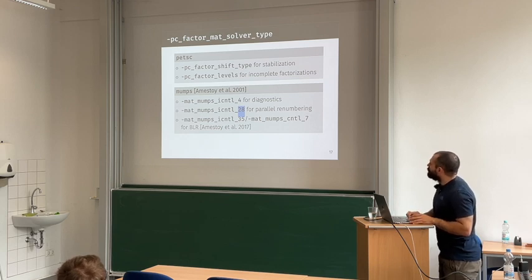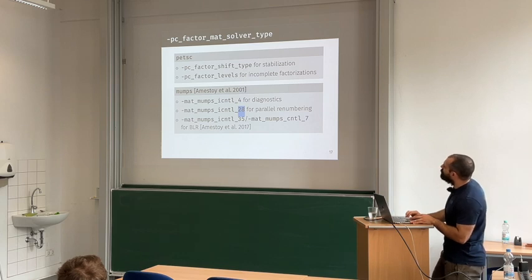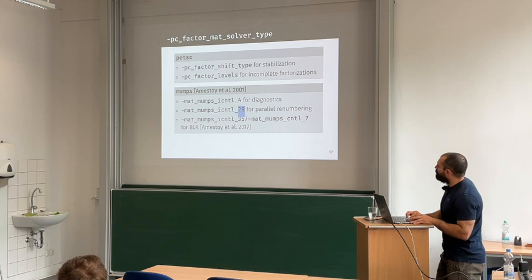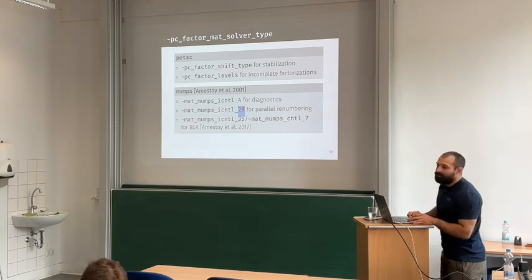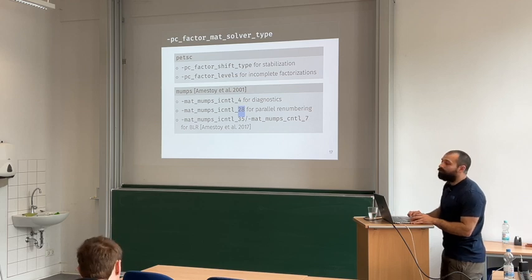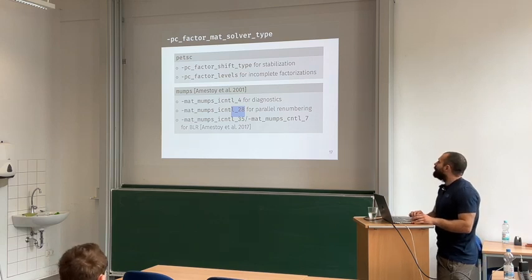Okay, so ICNTL 28 is used for the symbolic factorization. I will tell you slightly more about this later on. And then the ICNTL 35 and the CNTL 7 are used for the numerical factorization and for doing what is called block low rank factorization. So first, ICNTL 28, again, it's for the symbolic factorization.